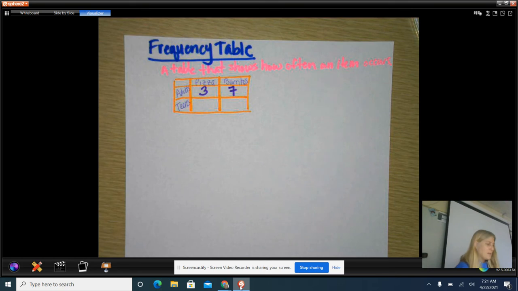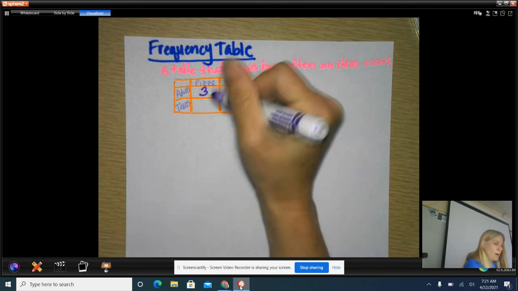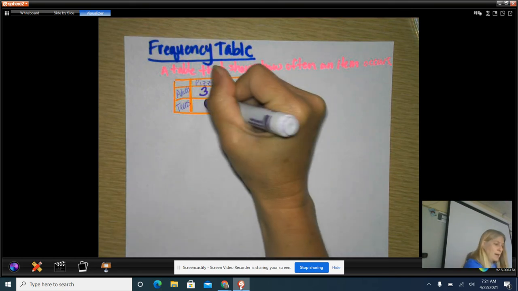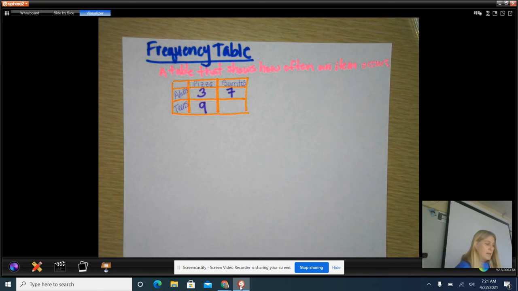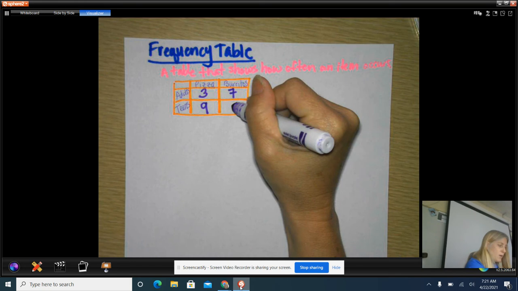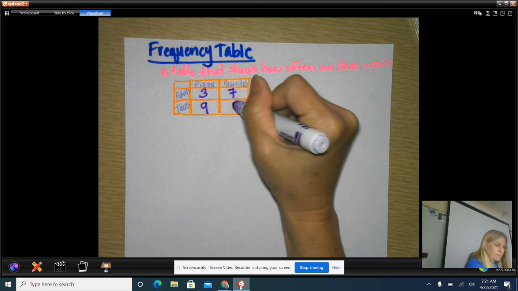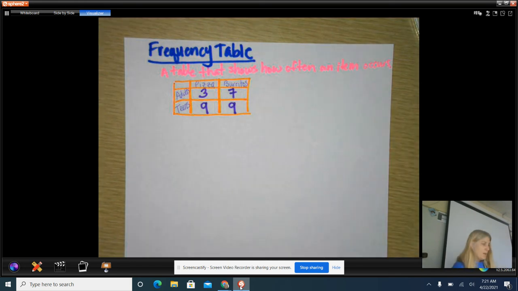The number of teens that preferred pizza was 9, and the number of teens that preferred burritos was also 9. Okay. So this is our raw data. This is simply the answers to a survey. This is the question in the room, do you prefer pizza or burritos? And these are our results.